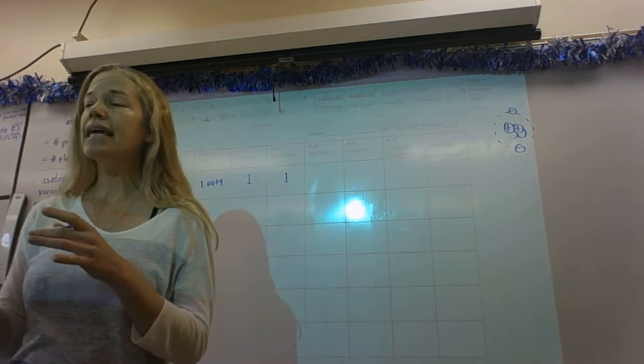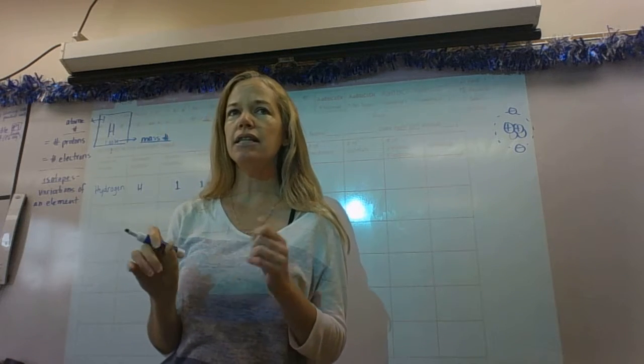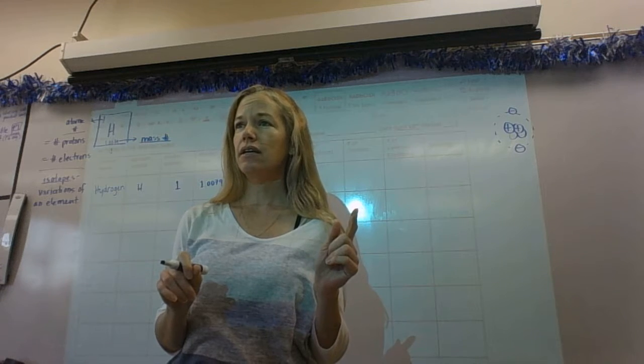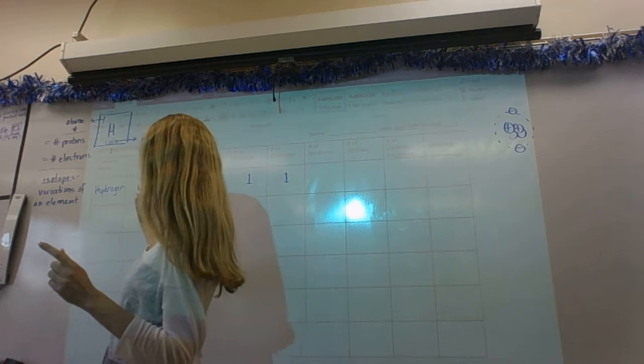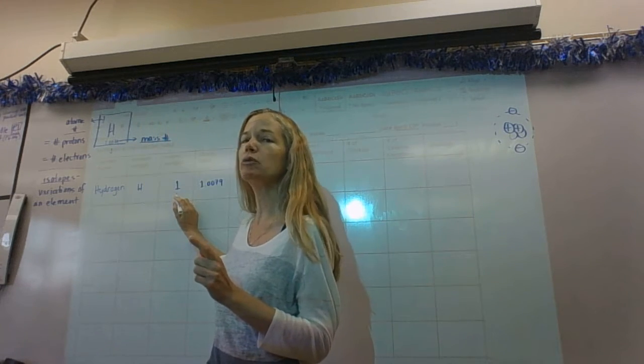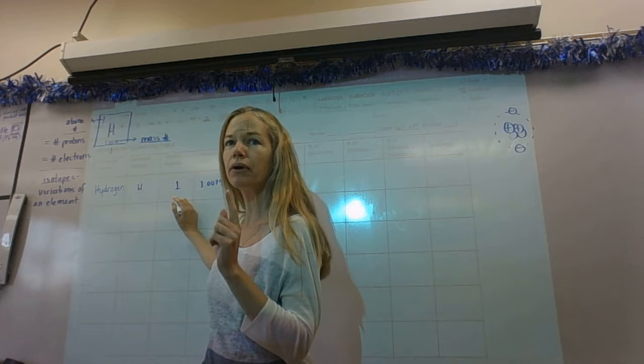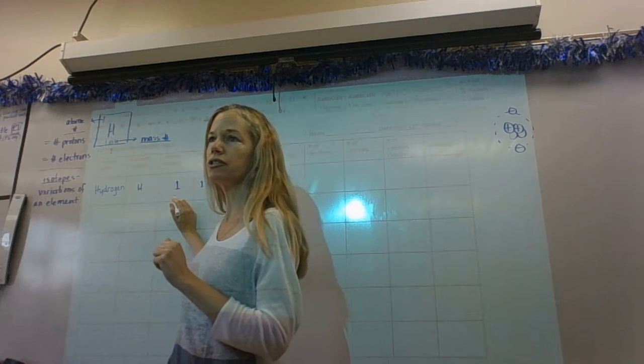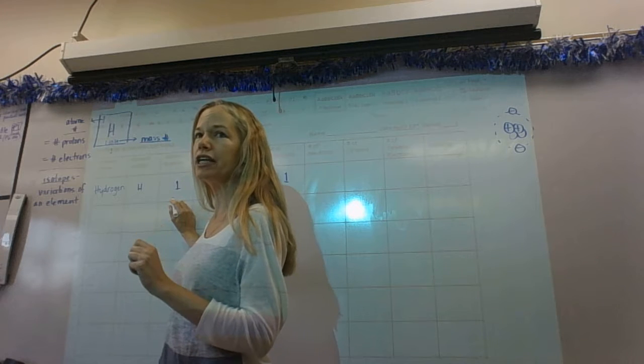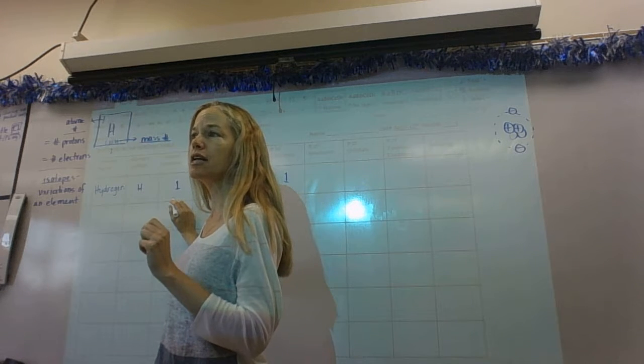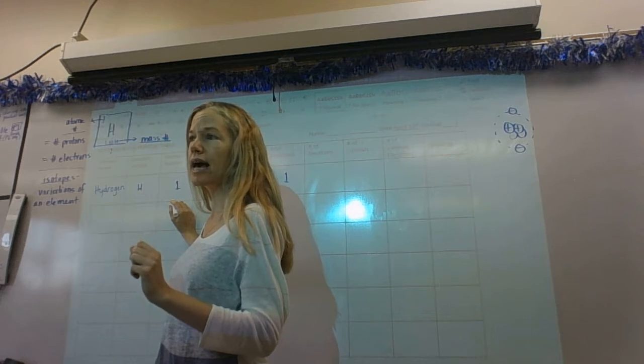An element's atoms can't vary in the number of protons. For example, if it's hydrogen, its atomic number is 1 because it has 1 proton. That number of protons cannot change.